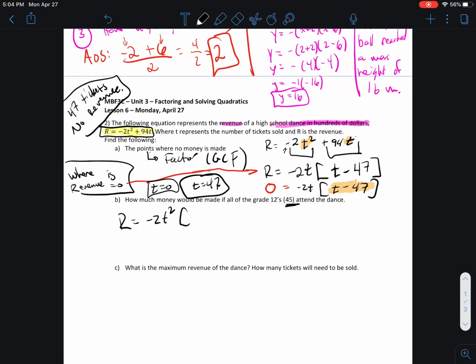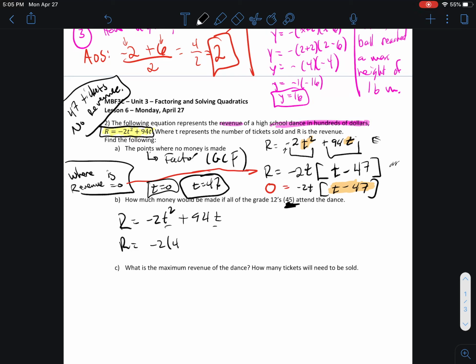You could pick either of these 2 equations. Let's do the first one just to be on the safe side. Maybe we made a mistake, who knows? Negative 2t squared plus 94t, and what I want to do is put 45 in for t.